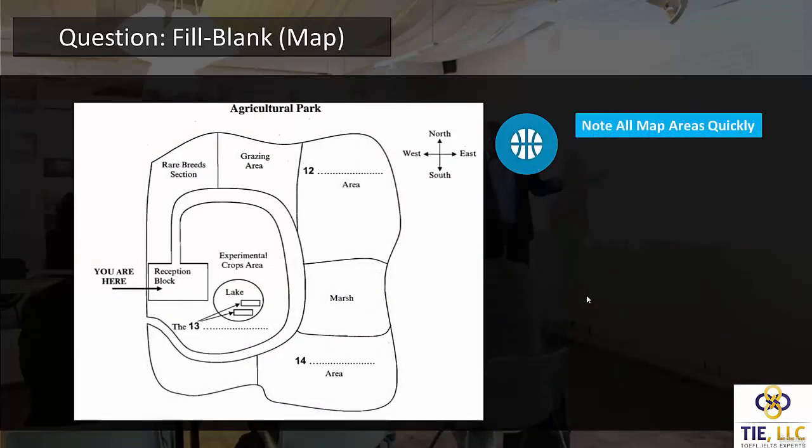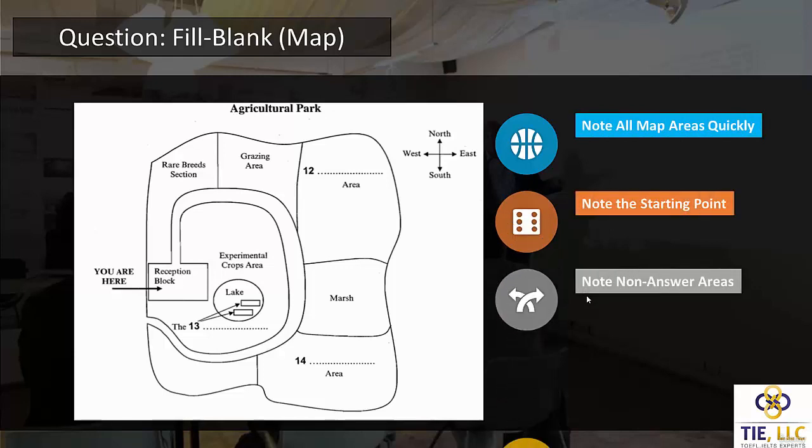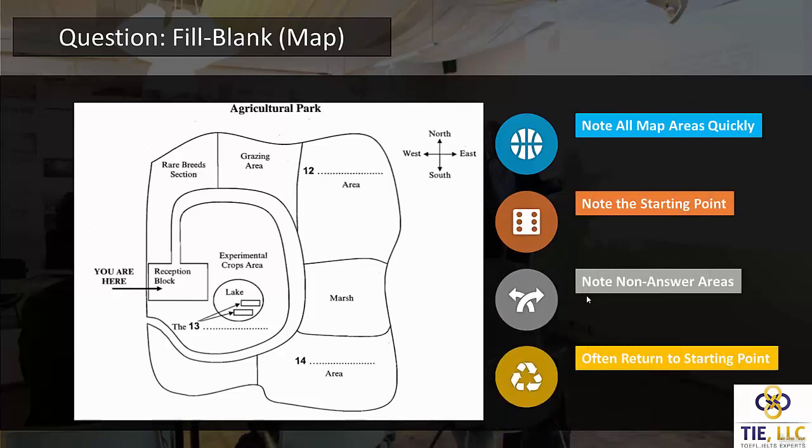The next fill the blank question that you can encounter will most likely happen in section number 2, and it's a map. But it's still basically a fill the blank question. You're just filling in the blank lines on a map. So when you're doing a map question, you want to note all of the map areas, not just where the blank lines are, but note all of the map areas.